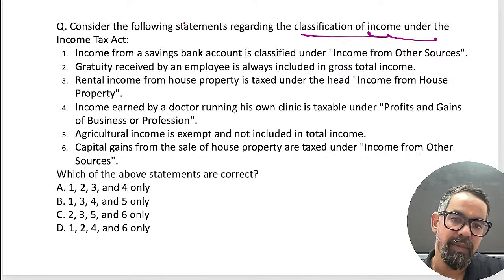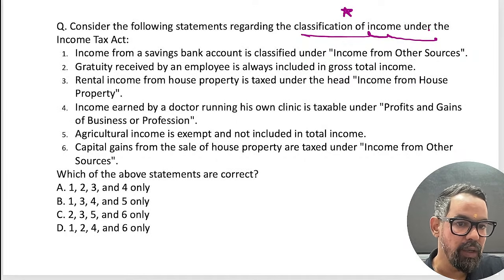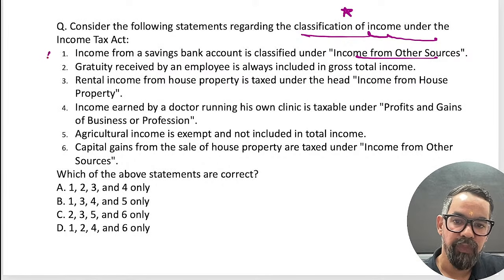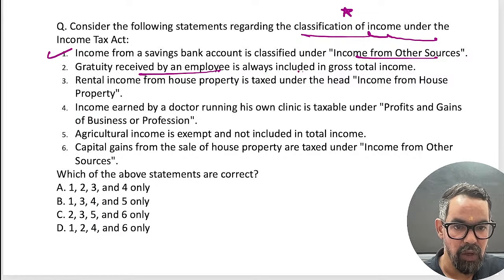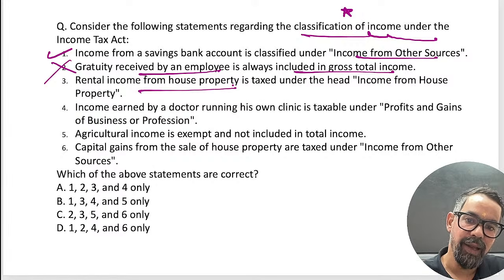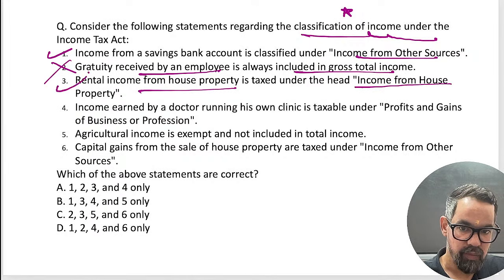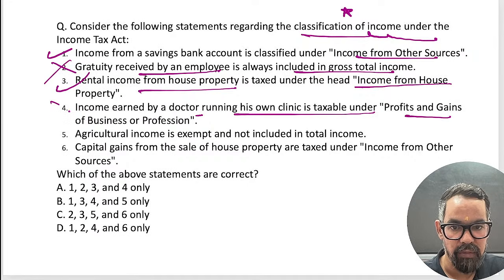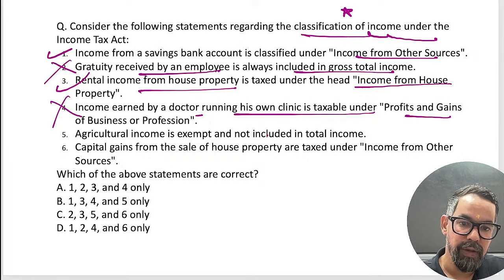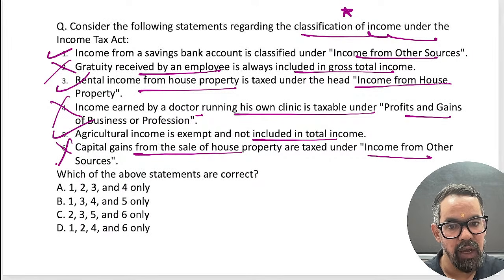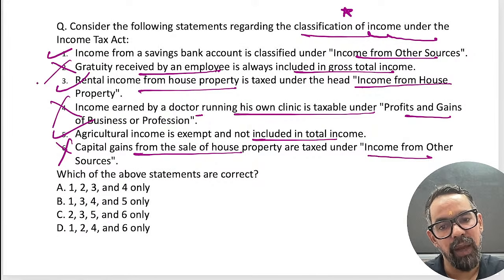So now the classification of income under the Income Tax Act. Income from salary, other income, true. Gratuity received by an employee is always included in gross income, wrong. Rental income, income from house property, true. Income earned by doctors, profit and gain, no, it is income under the profession. Agricultural income is exempted, true. Capital gain comes under other income, no, it comes under income from capital gain.